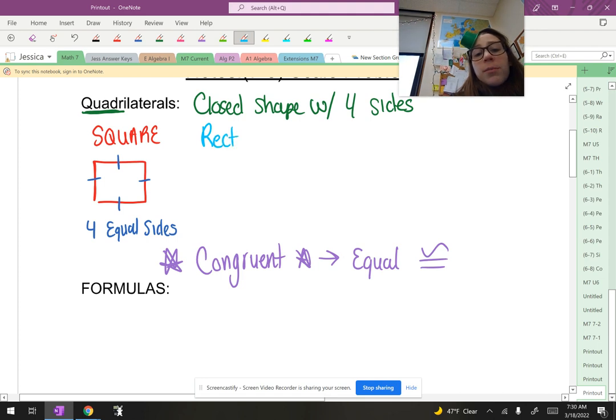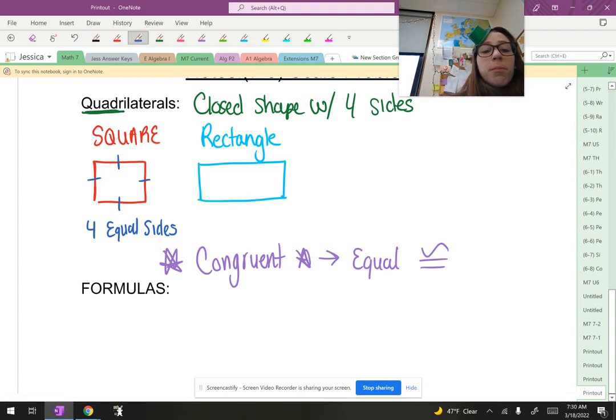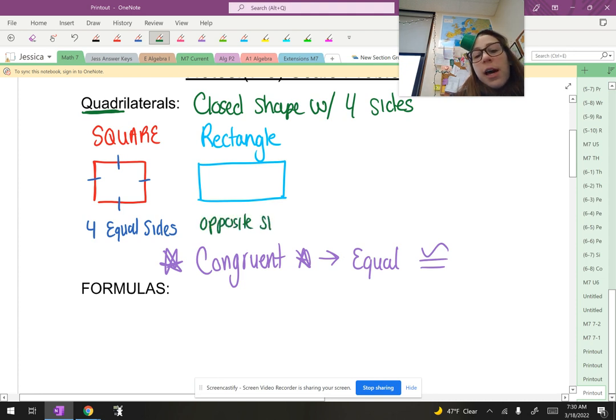Next up usually comes a rectangle. A rectangle is similar to a square, but instead of having 4 equal sides, it has 2 sets, or no, let me rephrase that. Opposite sides are congruent or equal. So it doesn't have 4 equal sides, but opposite sides are congruent.